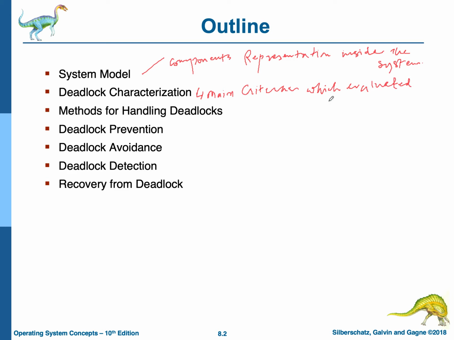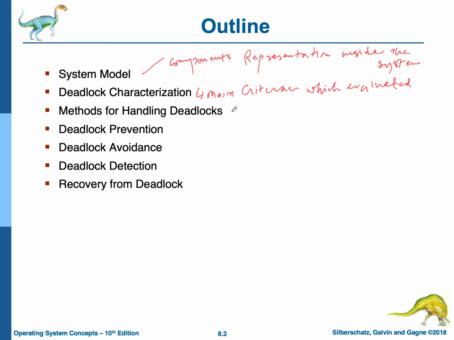So we'll see the 4 criteria. The main criteria, also known as characterizations, represent the occurrence of a deadlock. That may give us a signal that the deadlock has occurred. If these 4 criteria are met, then we can say that there is a deadlock.